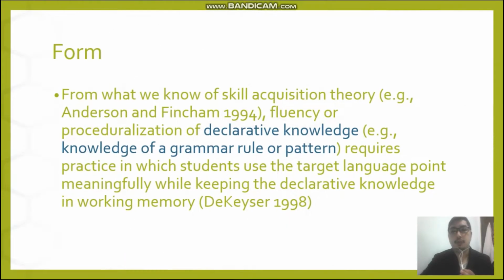First one, form. From what we know of skill acquisition theory, fluency, or proceduralization of declarative knowledge, when we say declarative knowledge, it is the knowledge of grammar rules or patterns. It is very important that students have a very strong background of the declarative knowledge.